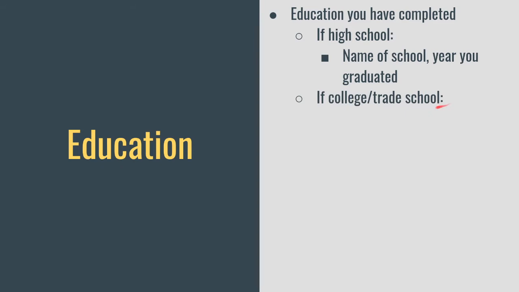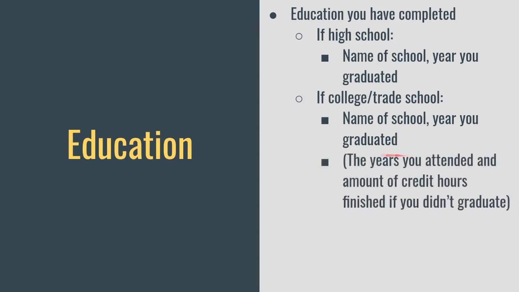If you have completed college or trade school, you will put the name of the school and the year you graduated, as well as what your degree was. Once you have started college, you will not include your high school education on your resume anymore. So you only include high school if that's the only education that you have had.